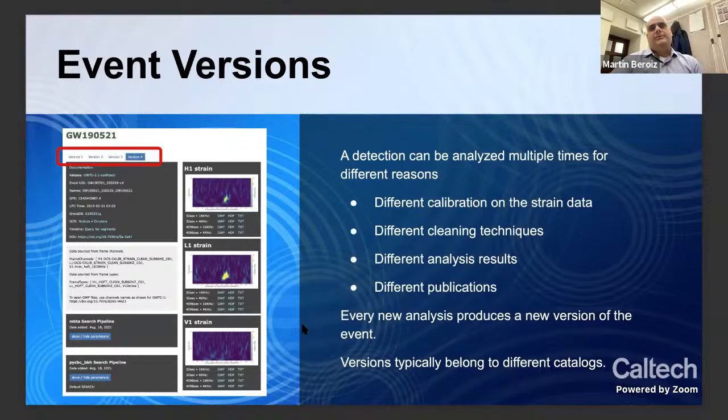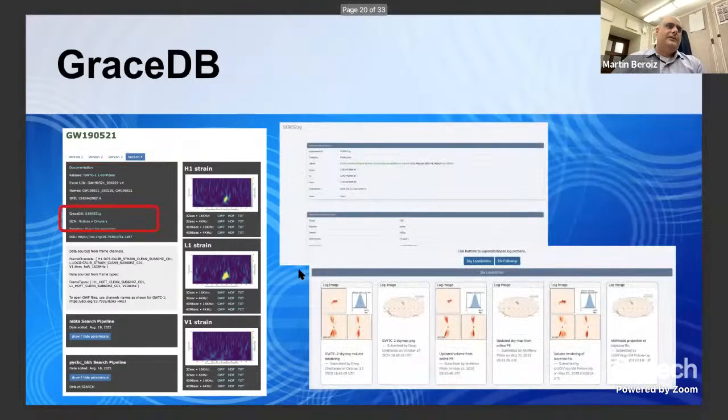Typically, each version corresponds to a different catalog. That's basically the catalog or publication. Another thing you can find here in the detail page are links to GraceDB. If you don't know, the low latency group basically uses GraceDB. Every time it detects an event, it will issue an alert, typically to observatories that are interested in doing electromagnetic follow-up for these events.